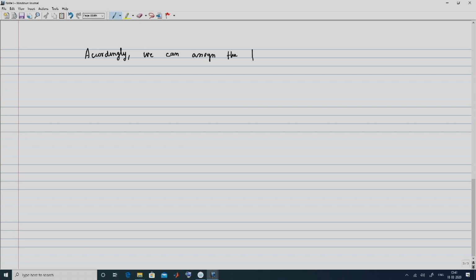Remember, the elementary event is also an event.